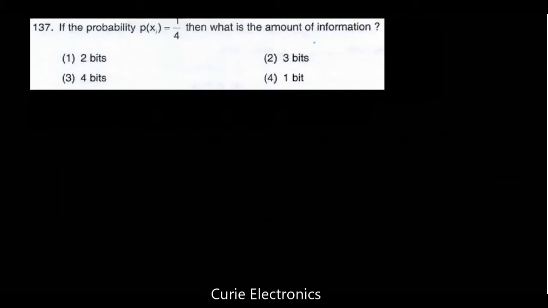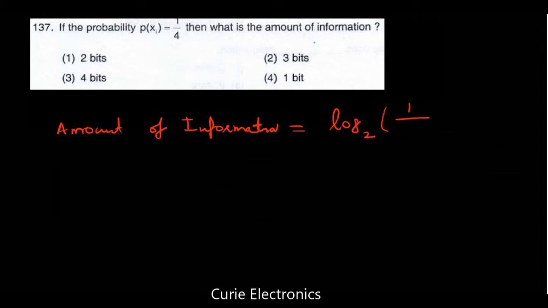Question number 137. If the probability P of xi equals 1 upon 4, then what is the amount of information? There is a small equation for it: amount of information equals log to the base 2 of 1 upon the probability, P of xi, which he has given.